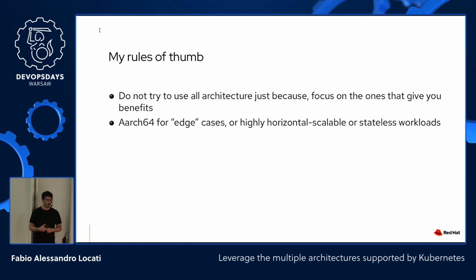I would suggest to use ARM for edge cases, and by edge I mean like field edge, like sensors or on-floor kind of systems, and also for horizontally scalable stateless workloads.